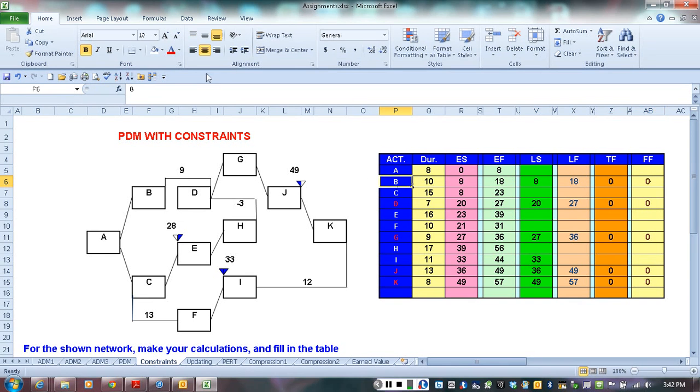And again, B is critical. And finally, A is going to be basically 8 and 0. And here we have 0 and 0. And again, A is going to be critical as well. So these are my critical activities.